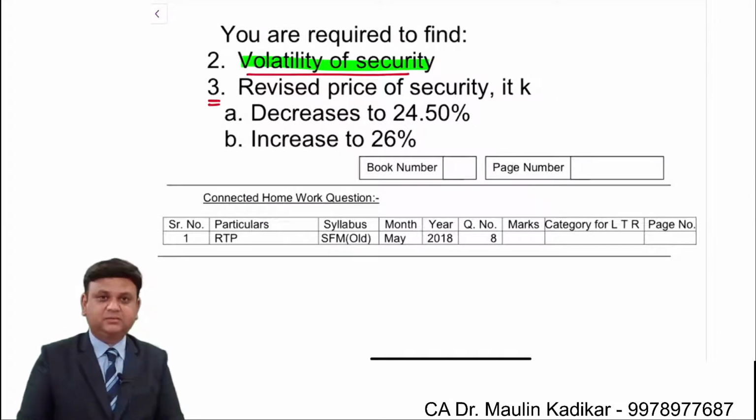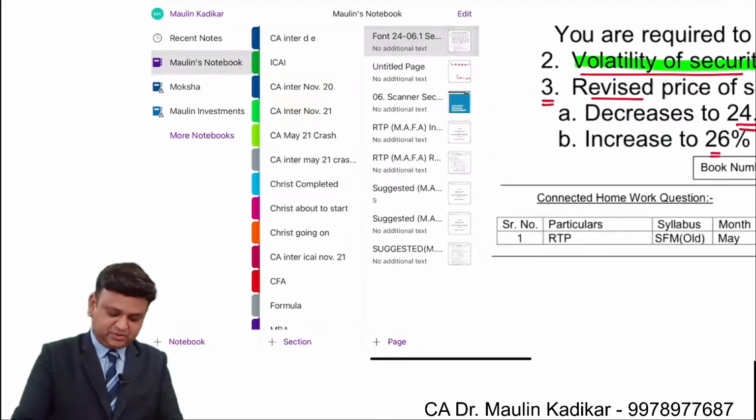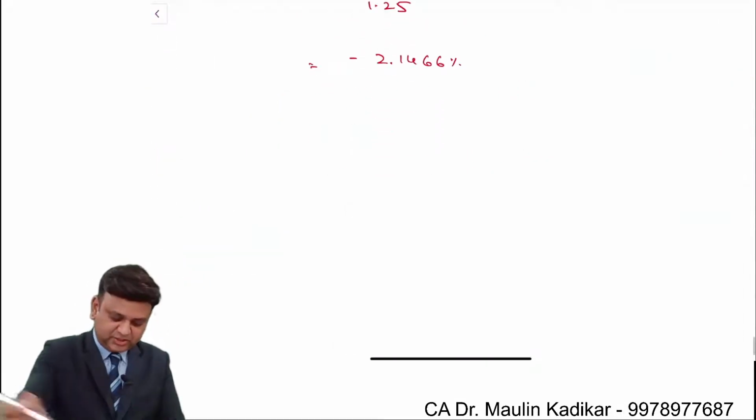Third part of the question, we are discussing the derivation also. Calculate the revised price of the security if the required rate of return decreases to 24.5% and if it increases to 26%. So write an answer.